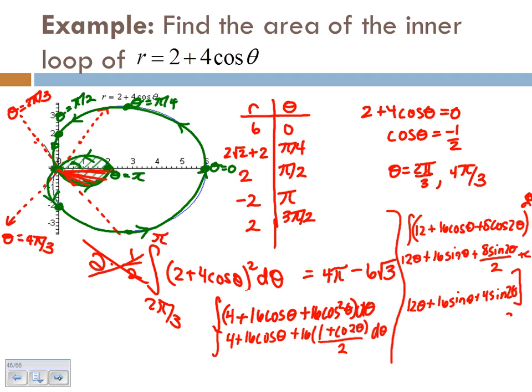From 2 pi over 3 to pi. Did you get that?